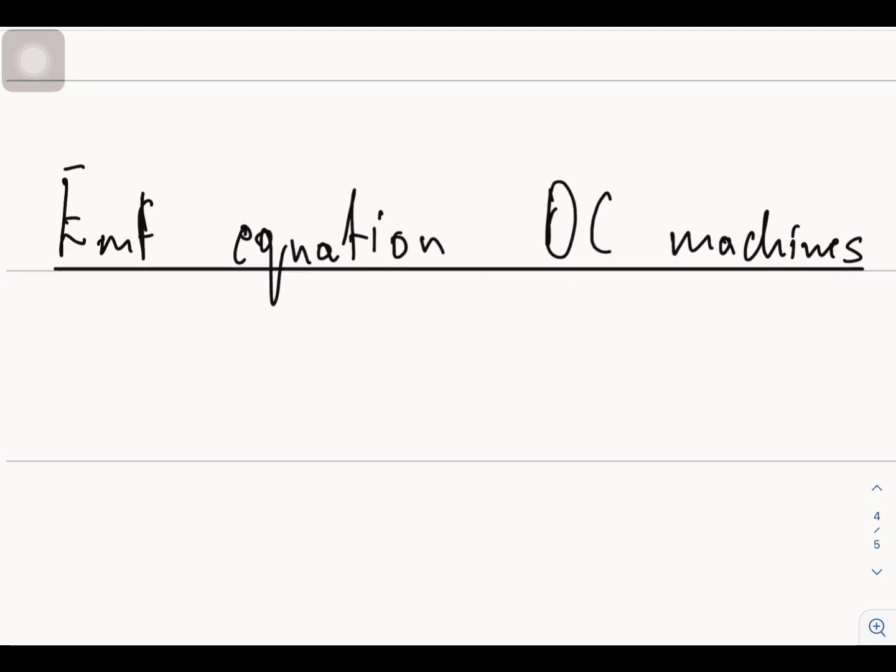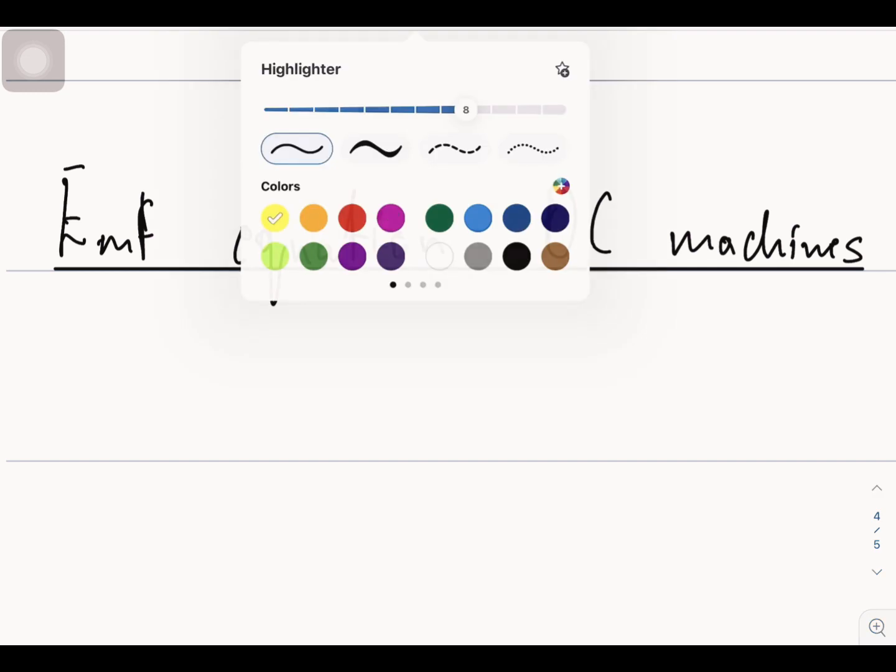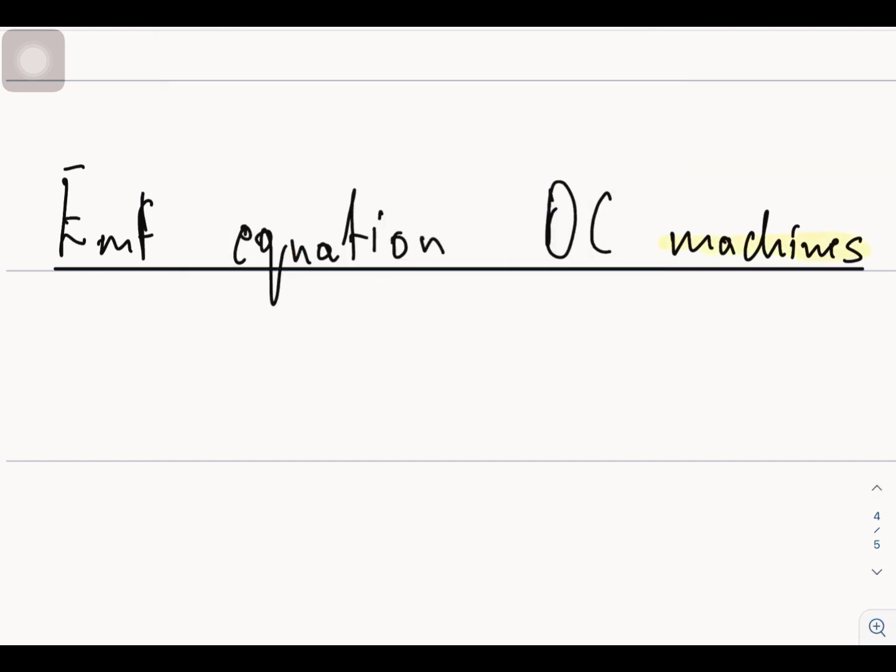Guys, listen to this carefully. I'm saying EMF equation of what? DC machines. Meaning this formula I will write applies to both. You can use it for generator calculations, and you can also use it for motor calculations.